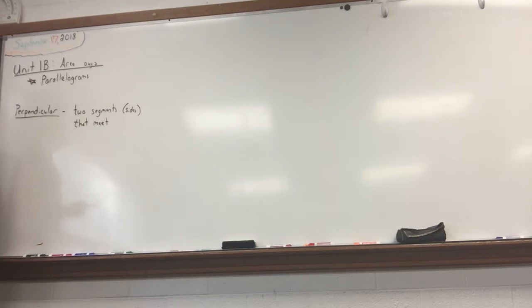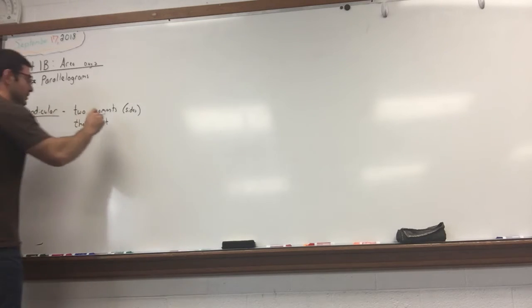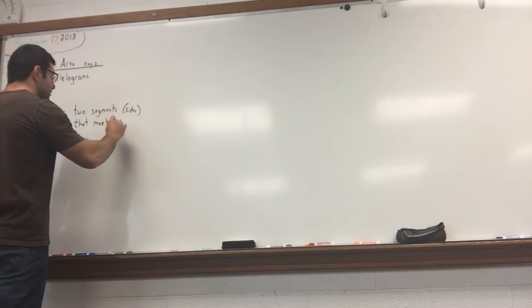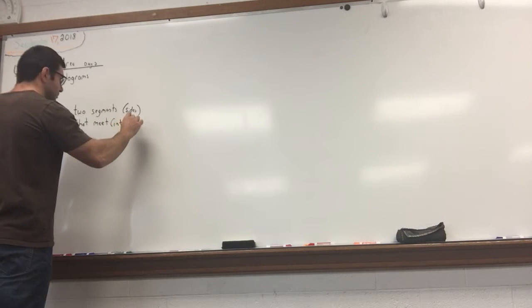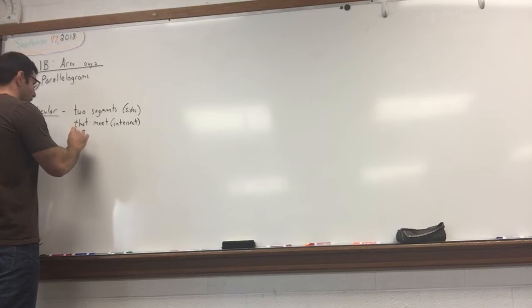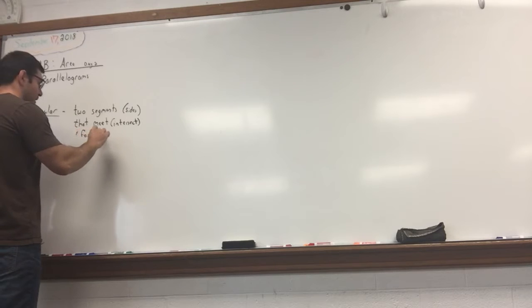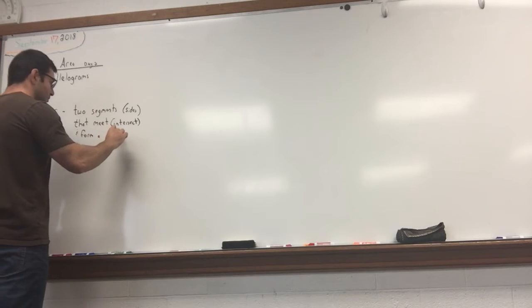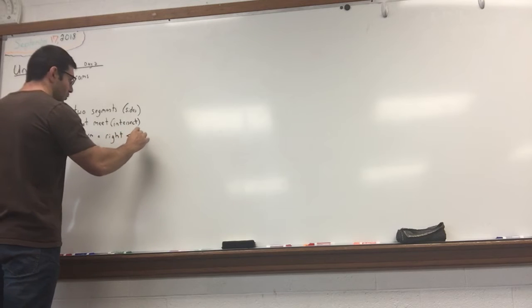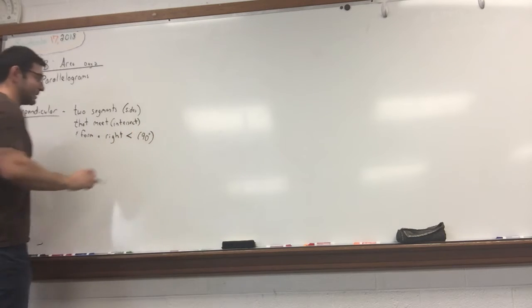What's a better word for meet for math? If they're meeting, they are intersecting. Very good, Leighton. 2 segments that meet or intersect and form a right angle. And a right angle is 90 degrees.